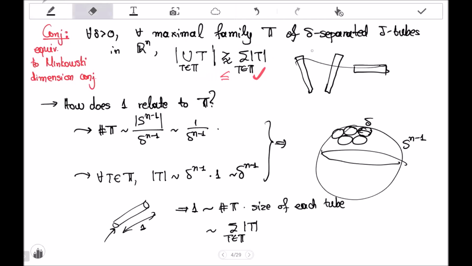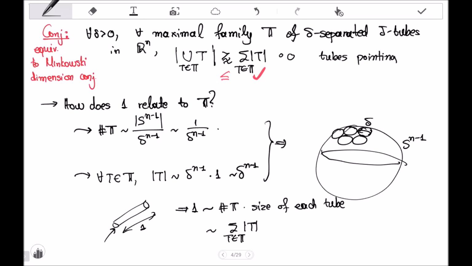So that is how I remember the Kakeya problem. It says that in some sense, cubes pointing in different directions, and by different, that depends on their width, behave as if they are disjoint.